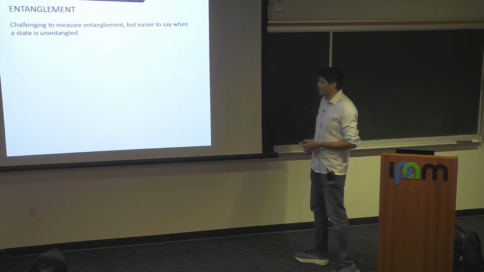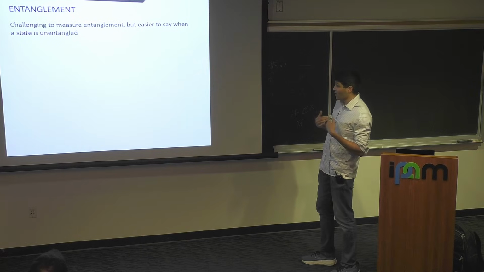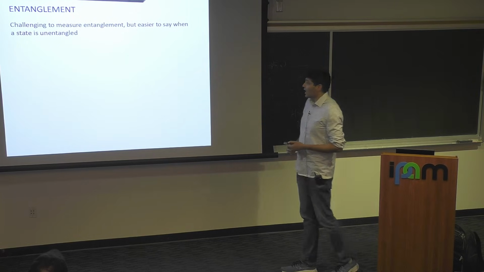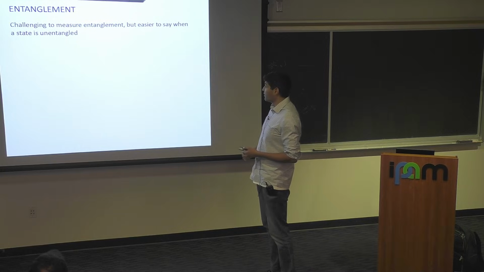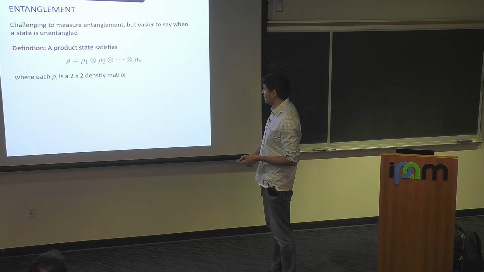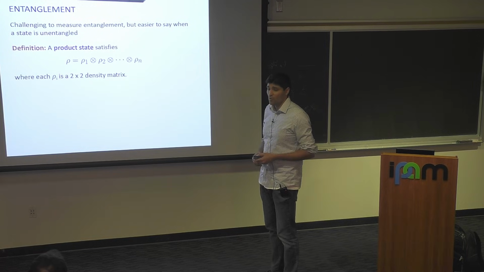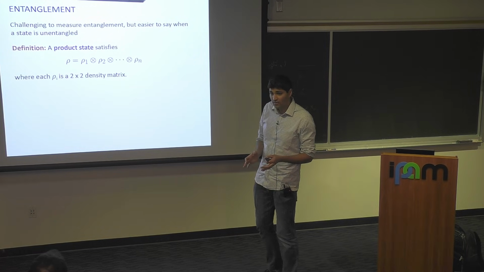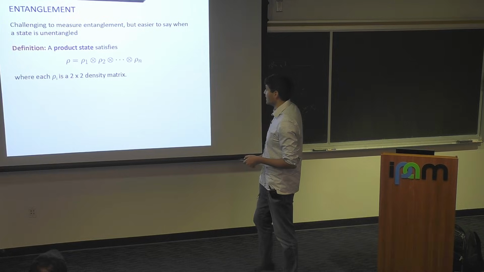All right, so last little bit of quantum background for me, not for you, is how are we thinking about entanglement? So measuring entanglement in a general density matrix is a bit challenging to define. But for our purposes, I'll just be concerned more with the crude question of what kinds of states are entangled versus which kinds of states are unentangled.